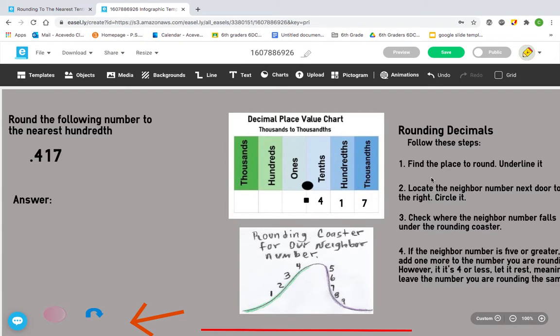Okay, now I go to my steps: find the place to round. So what are they asking me? To round the number to the nearest hundredth. I see that 1 falls under the hundredths place value, so I need to underline that number.